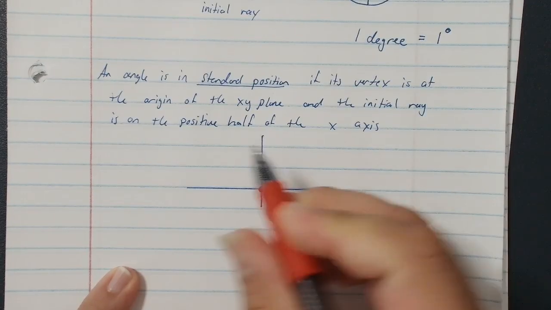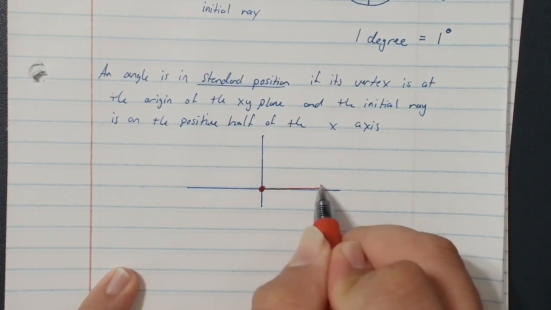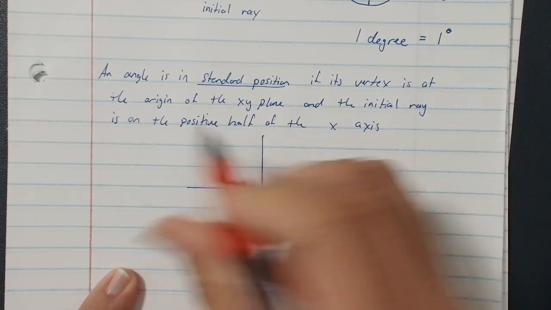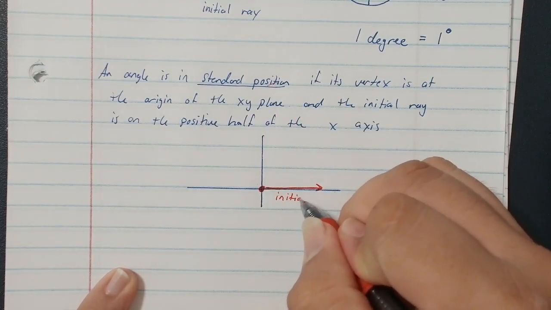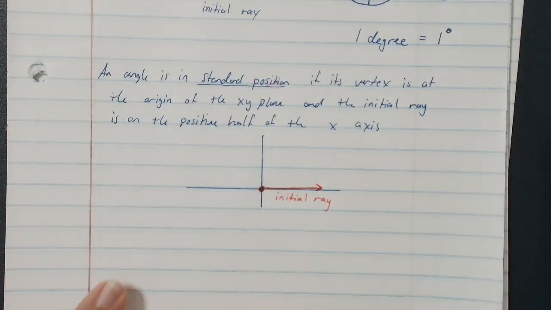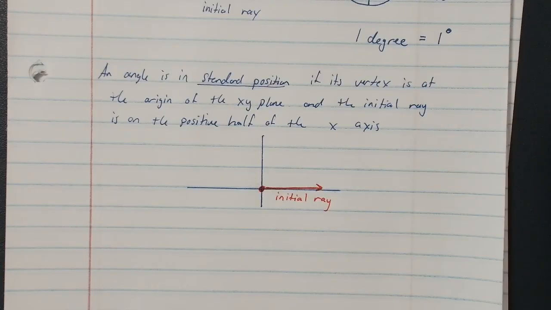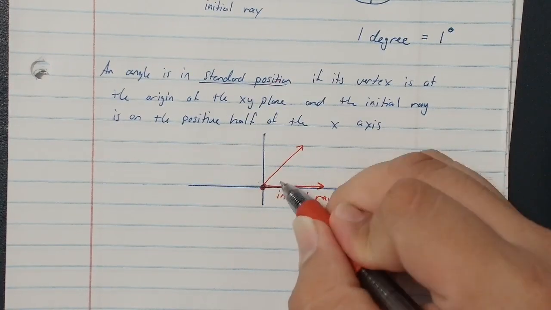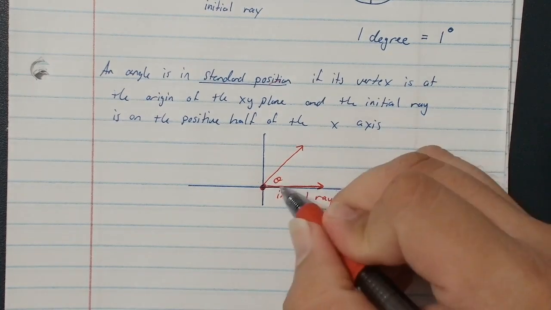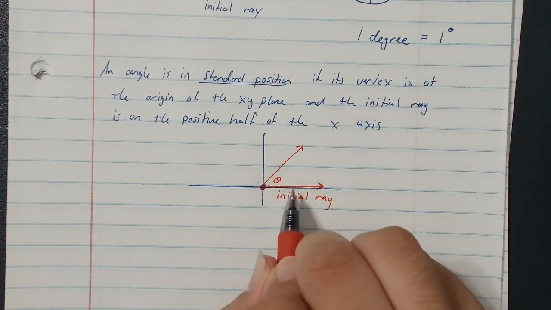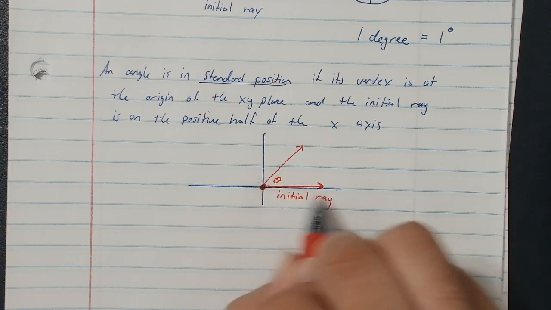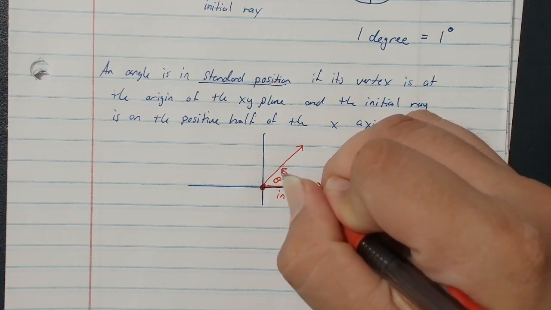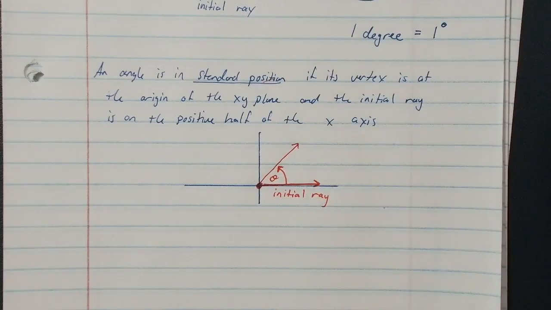So you would start from the origin and this way, positive half of the x-axis. This is your initial ray in standard position. And then your terminal ray would be wherever it lies. For example, something like this. And the measure of your angle, which we're going to call theta for now, would be measured from the initial ray, always starting from the positive half of the x-axis to the other ray right here, the terminal ray.